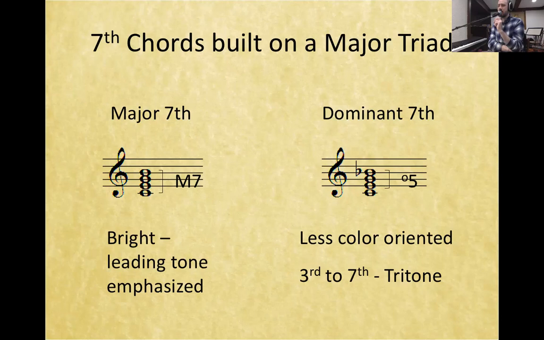Now that does lead me to one thing I like to point out about the dominant seventh chord, which is that you will sometimes hear this chord referred to as a major minor seventh chord, major minor 7, so big M, little m7. That's a name that I've pretty much only heard in the context of a theory class.